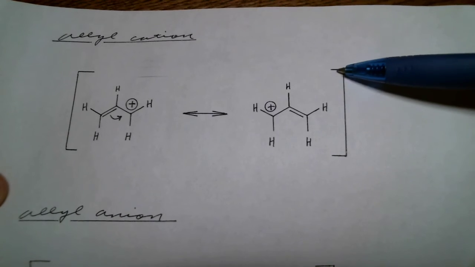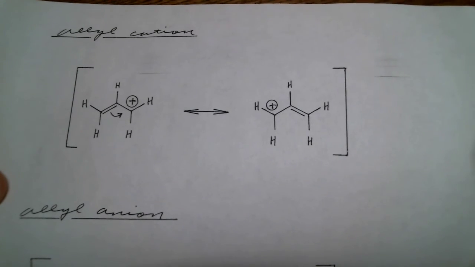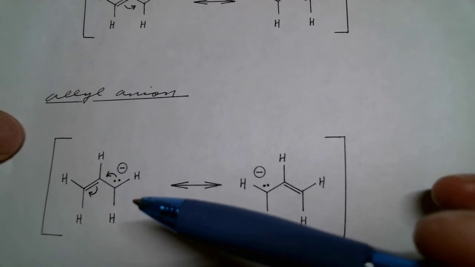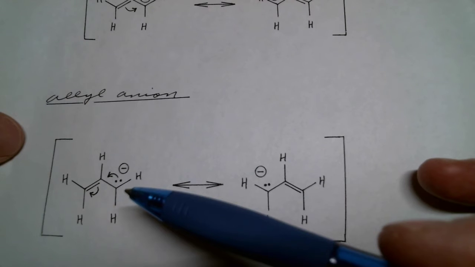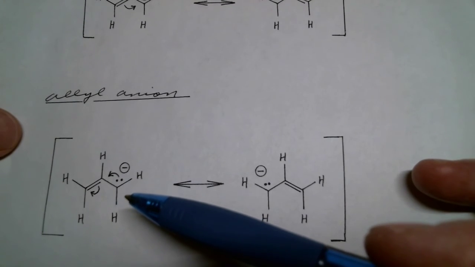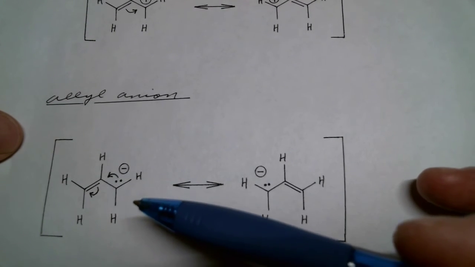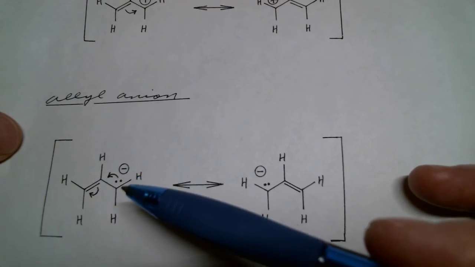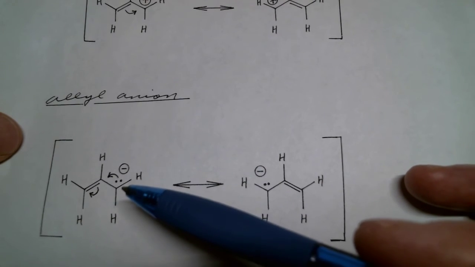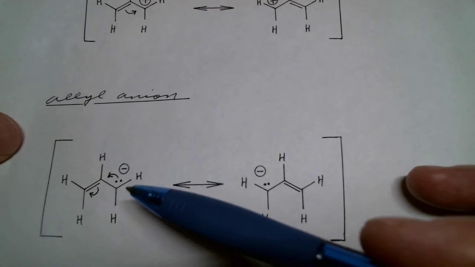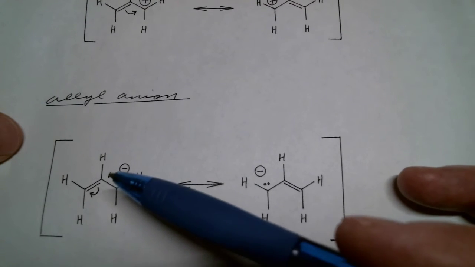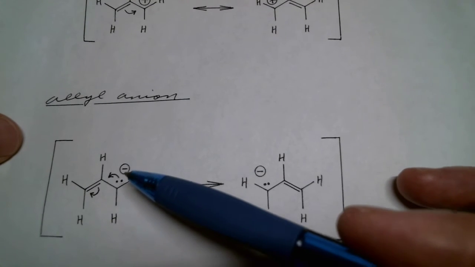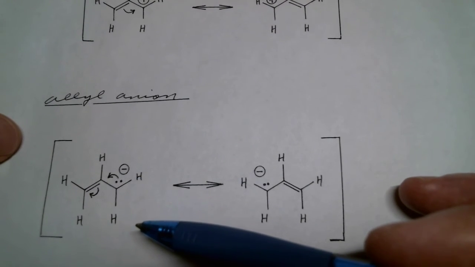And of course, if you could have an allyl cation, you could have an allylic or an allyl anion, and that's if you pluck off a proton and leave the 2 electrons in that hydrogen-carbon bond back behind on carbon. And so here we have that illustrated. We've got these 2 electrons associated with this rightmost carbon, and because of the way we assign formal charges, we've got a formal negative charge on this carbon because it has 3 bonds and 2 electrons for a total of 5 things. Carbon has a valence of 4, so that's 1 extra, and so we've got to append a formal negative.